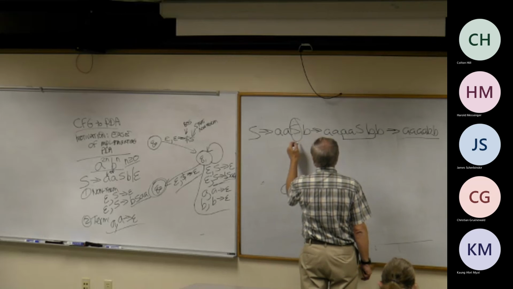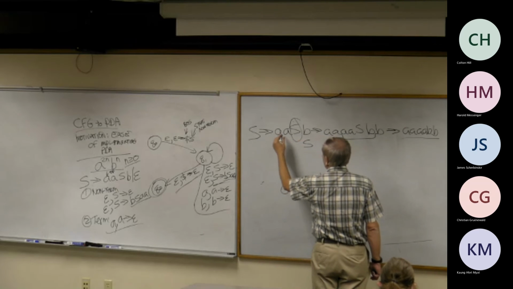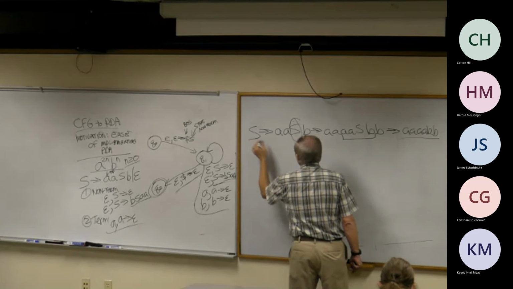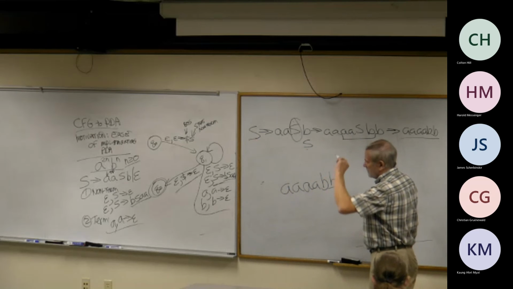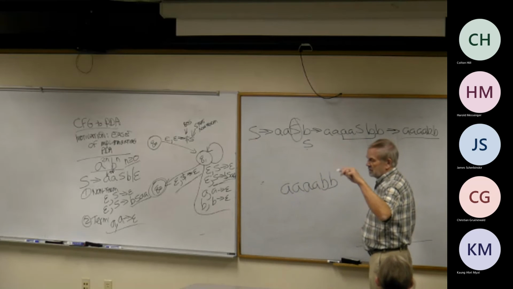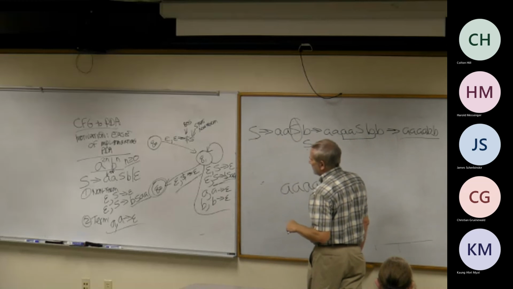So to do a parse tree of that, at each point the children of each node in the parse tree are the symbols that came out of the rule that we applied.